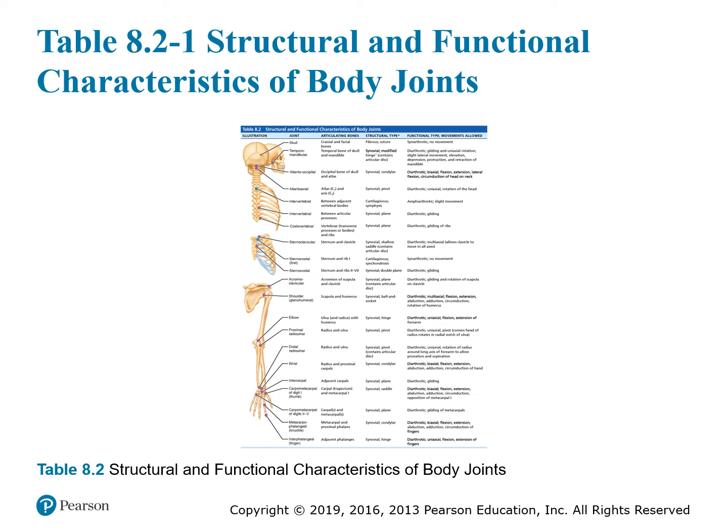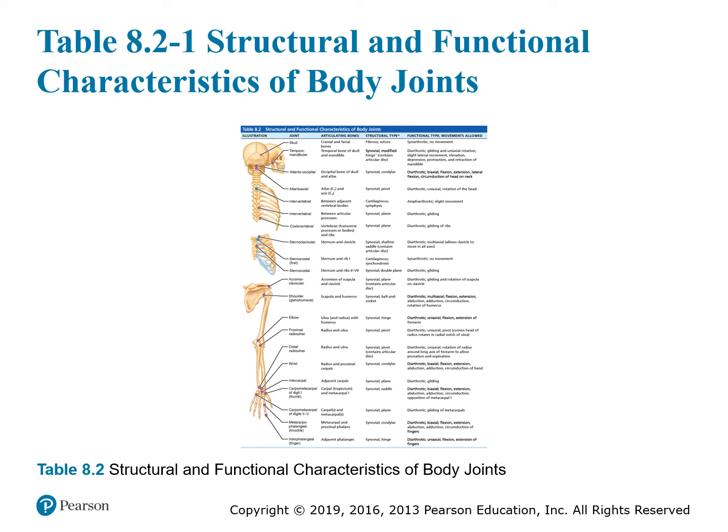The metacarpophalangeal joints, also known as the knuckles, are made up of the metacarpals and the proximal phalanx. These are synovial joints, condylar joints. Functionally, they are diarthrotic, biaxial, and allow for flexion, extension, abduction, adduction, and circumduction of the fingers.